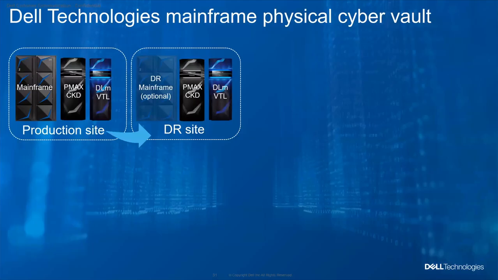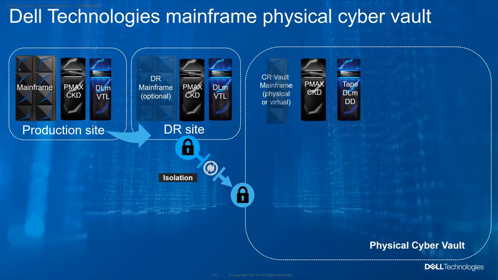So let's take a look at how that might be implemented using our disk library for mainframe in concert with our DASD solution, or actually independently. We do have some customers that have disk library for mainframe and do not have PowerMax as their DASD vendor. So that can be done as well. Of course, isolation is very common when we see tape solutions with physical isolation requirements.